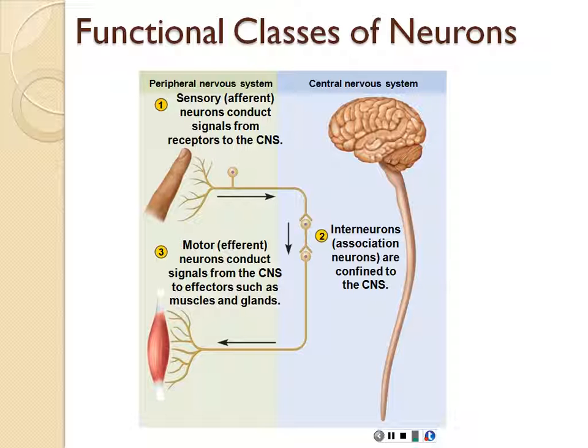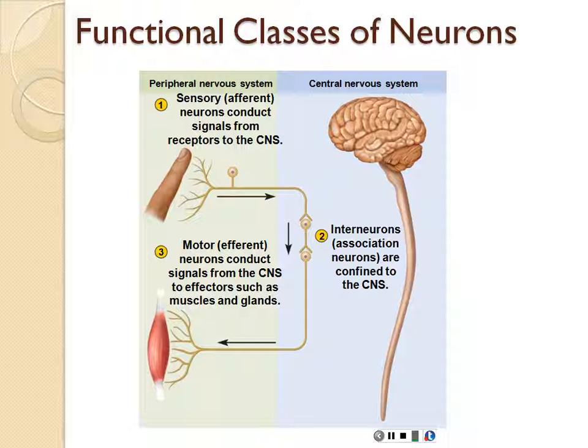If you look at this picture, how many neurons do you see? This is one neuron, and you can see that synapse, and then you have a second neuron, and then another synapse, and a third neuron. By the headings here, you can see the left is green, the right side is blue. The green side represents the PNS, the peripheral nervous system.